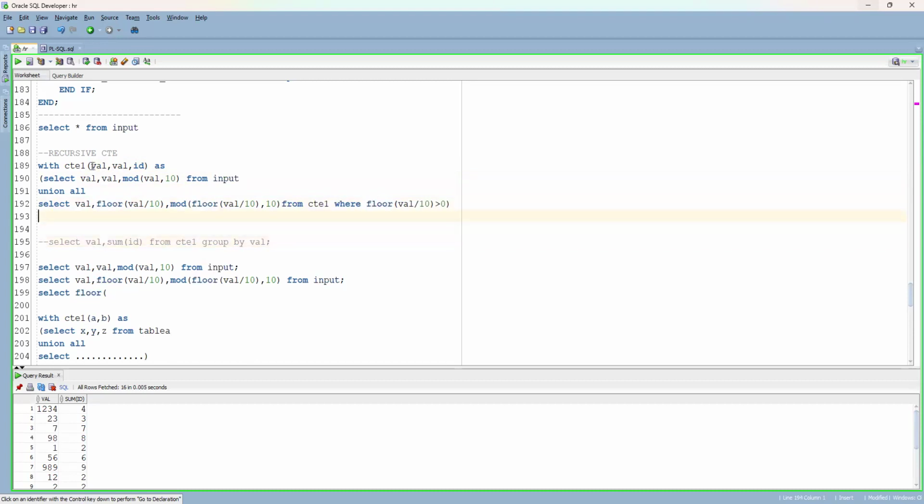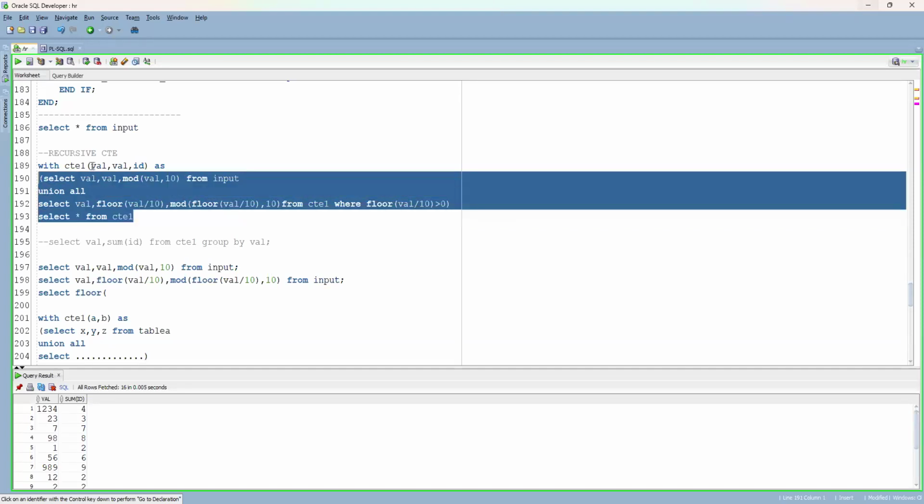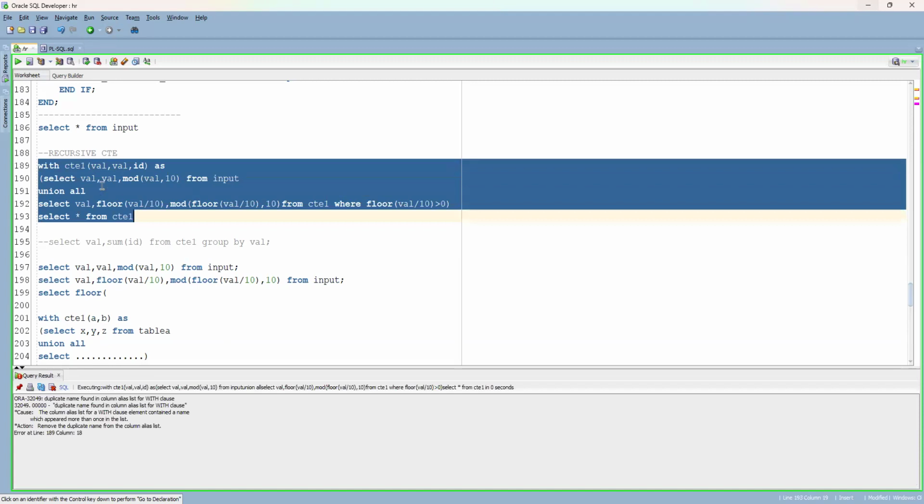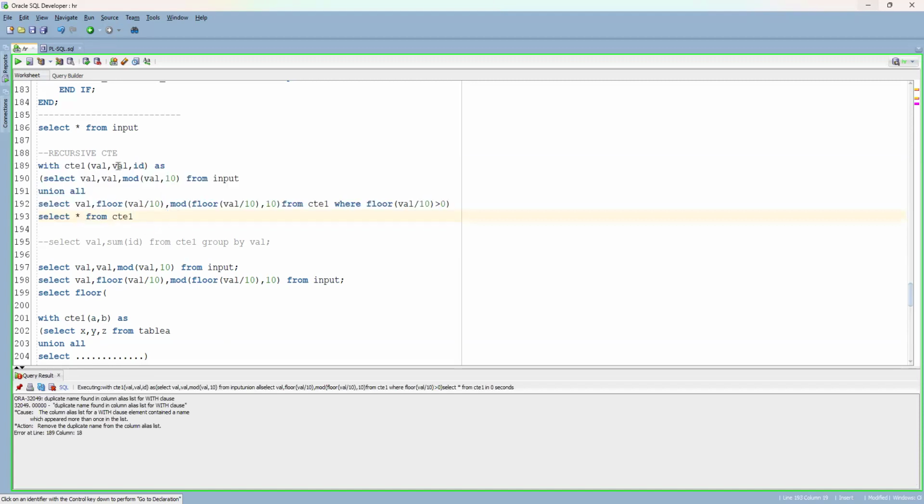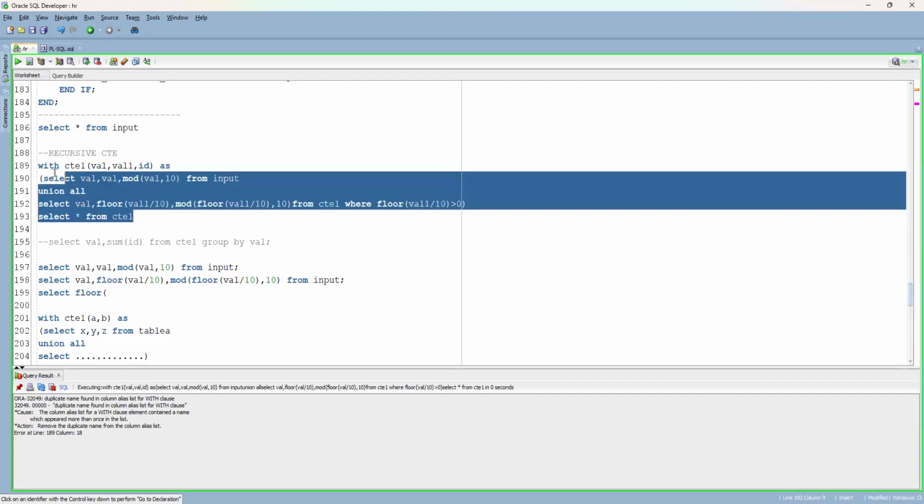Let me show you this. Oh, this is duplicate, no? So let me mark this as val1, and this one as val1, this as well val1, and this as well val1. Now let me execute this.